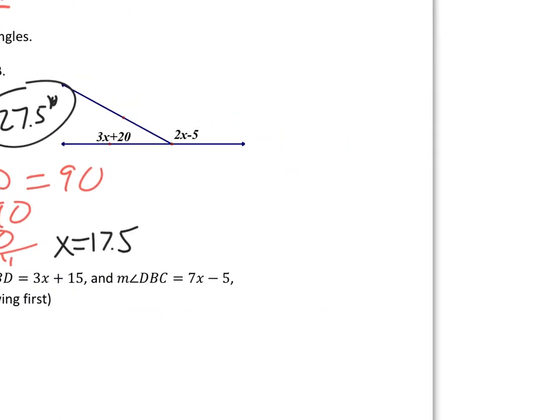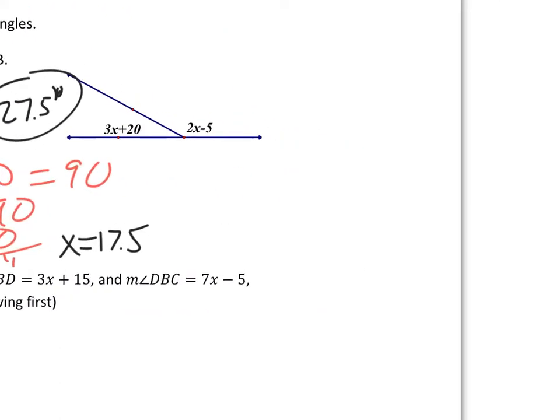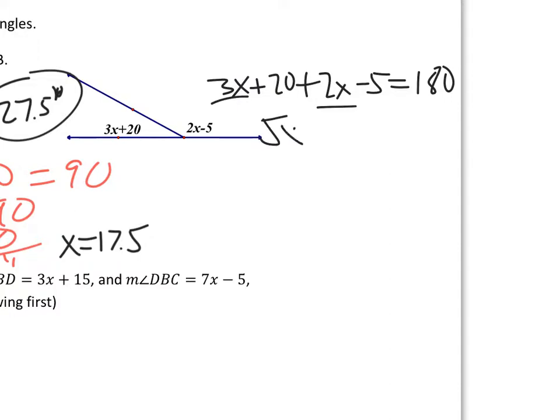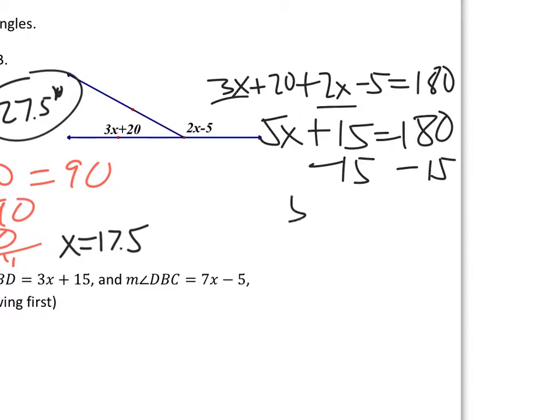Excellent. So let's go to these guys. These are supplementary. So our two expressions, 3x plus 20 plus 2x minus 5, have to add to 180. Supplementary adds to 180. Let's combine like terms. 20 minus 5 is 15. Let's subtract 15, and we get 165.